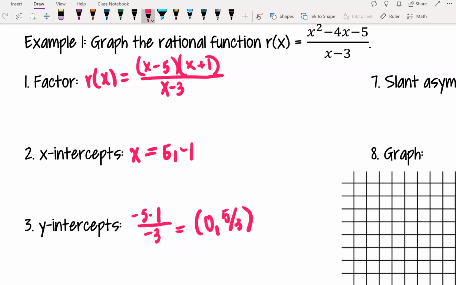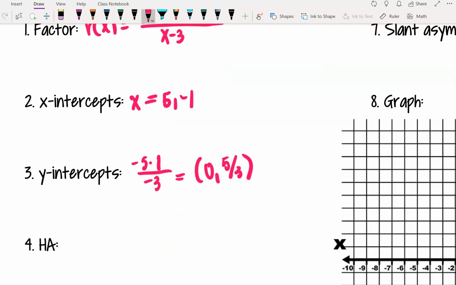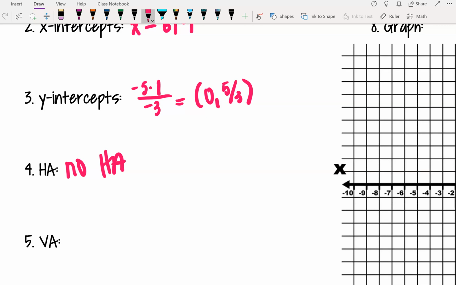Okay. Our degree in the top, right here, our leading coefficients, our degrees, we have 2 and a 1, which means we will have no HA because the degree is bigger in the top, which means we will have this slant asymptote that we're going to talk about. So keep going down your list.